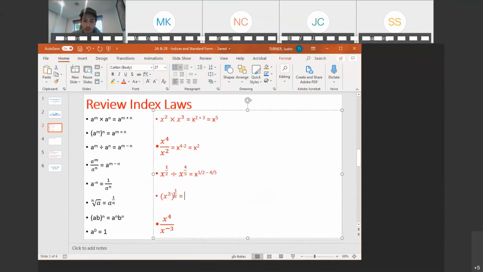You can see here we have x to the power of 3, and that whole thing, it's in brackets and it's raised to the power of 1/2. We just need to multiply those together. So 3 times 1/2 for our power. And if we're doing 3 times 1/2, we just end up with 3/2, or 3 over 2. x to the power of 3 over 2.